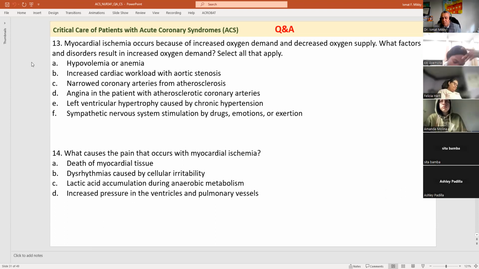Myocardial ischemia occurs because of increased oxygen demand and decreased oxygen supply. What factors and disorders result in increased oxygen demand? B. So increased oxygen demand is caused by increasing the workload of the heart.